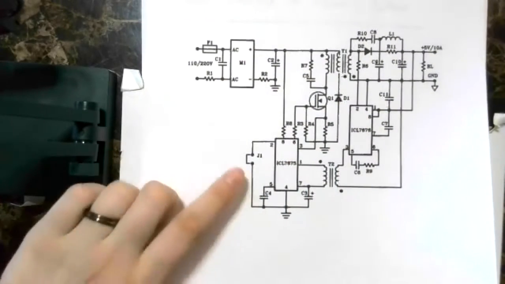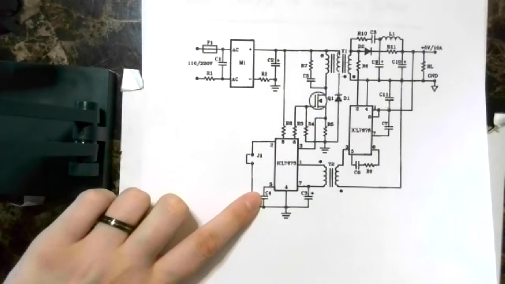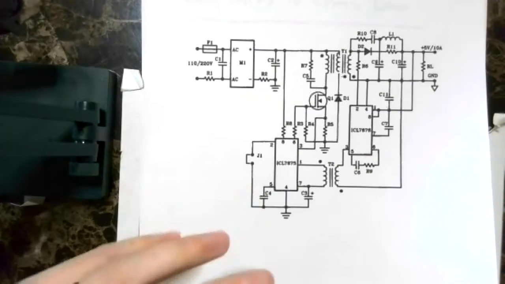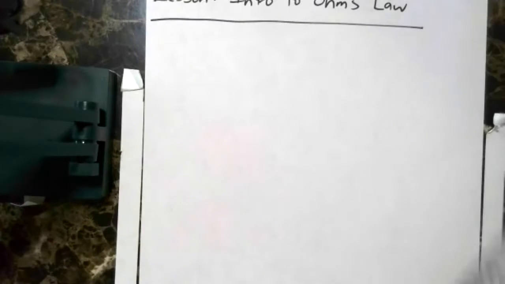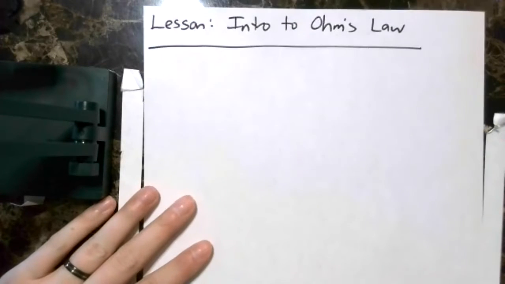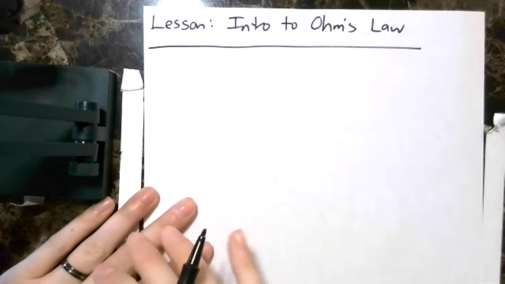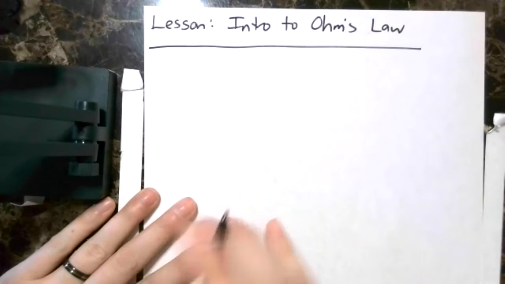But to really get into this, I need to introduce another concept to you. We've talked about voltage, we've talked about current. Now let's introduce another idea, and to introduce that, I want to link it back to something we've already talked about.